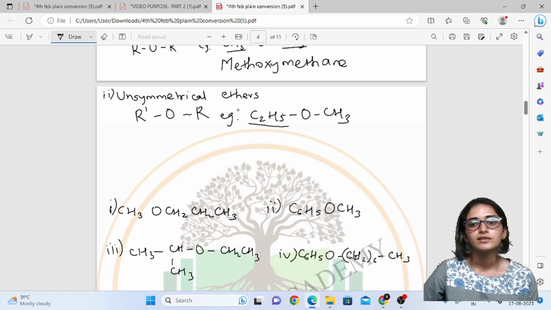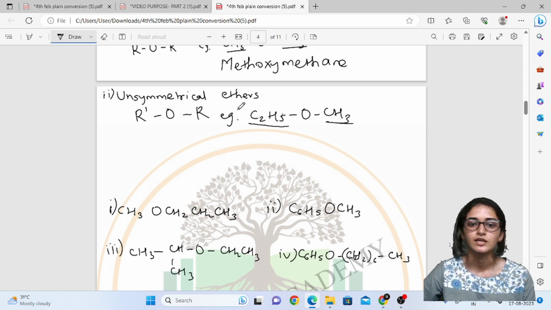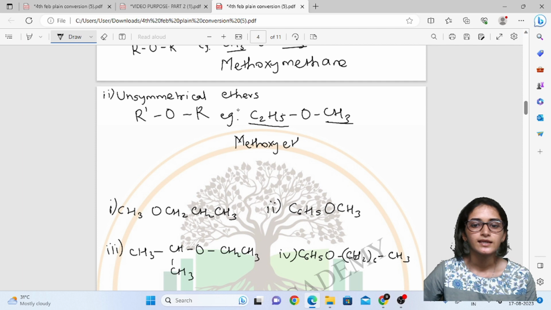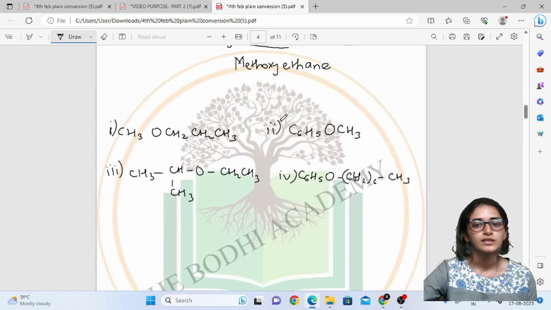Here there is only one carbon, here there are two carbons. So the name will end with this and start with this. The name of this will be methoxyethane.